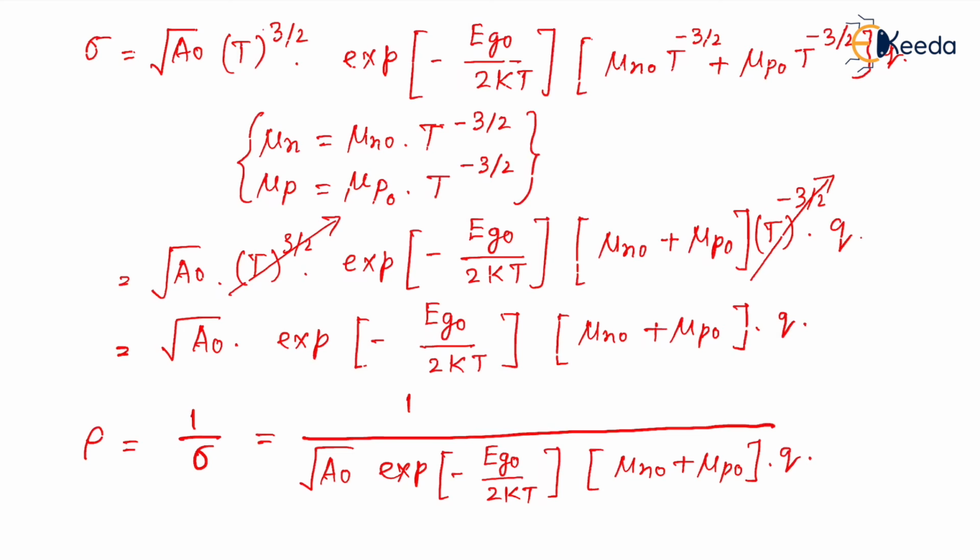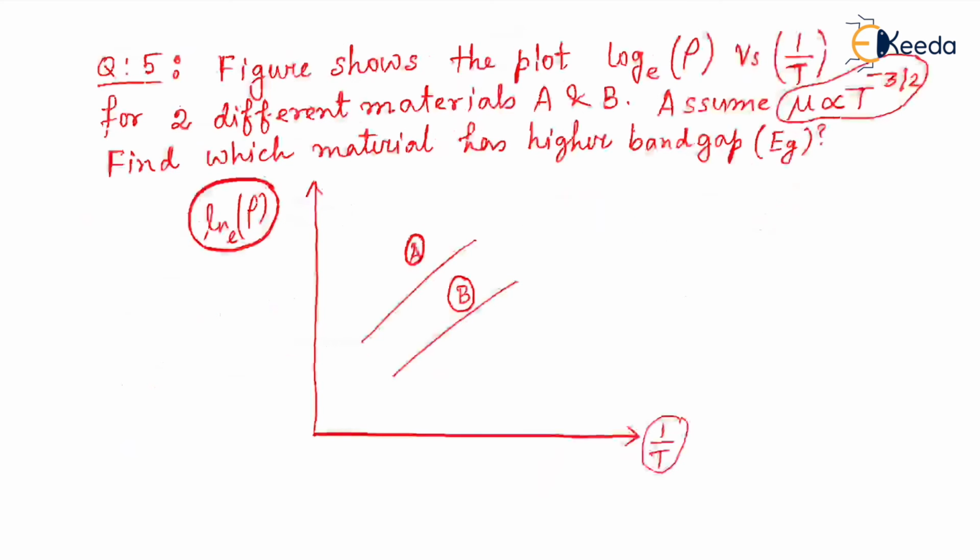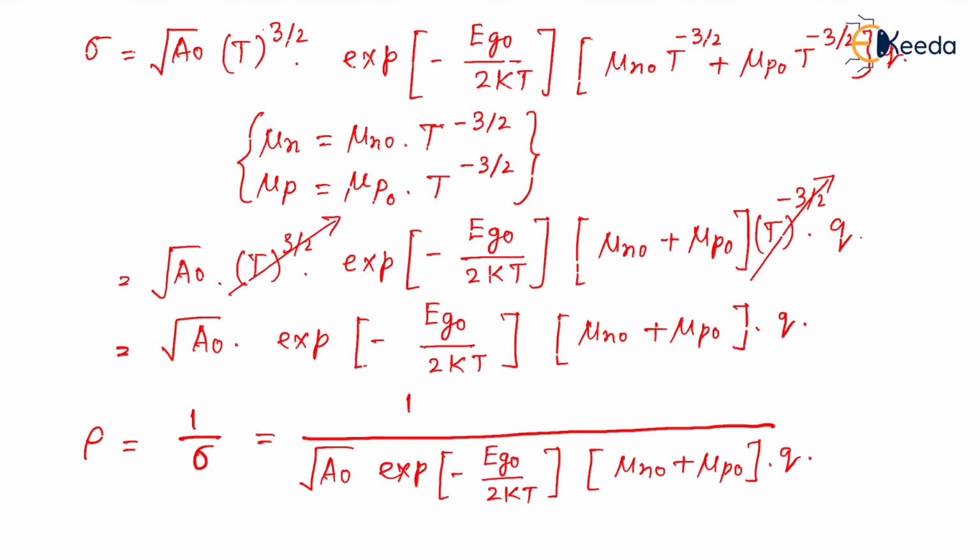In the graph they have taken ln of rho, so we will take ln of rho.